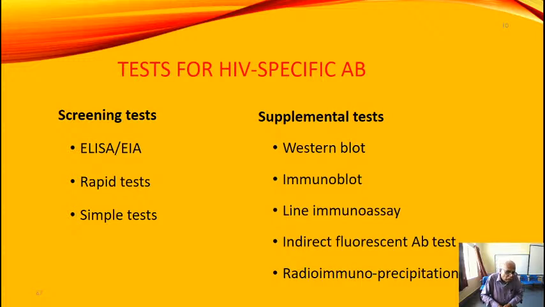If it is negative, then we send it for further preparation for blood transfusions, blood products, tissues or organ transplantation. So this is how we use testing strategy number 1.